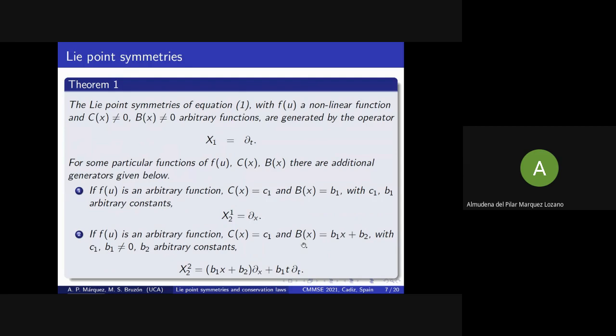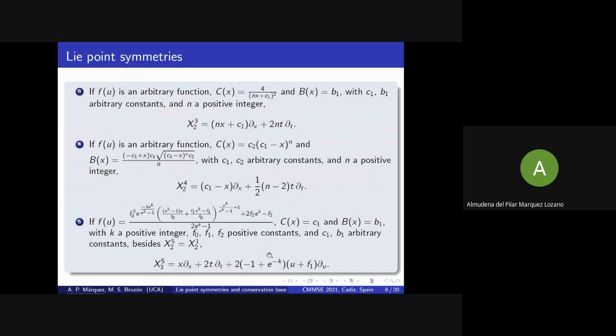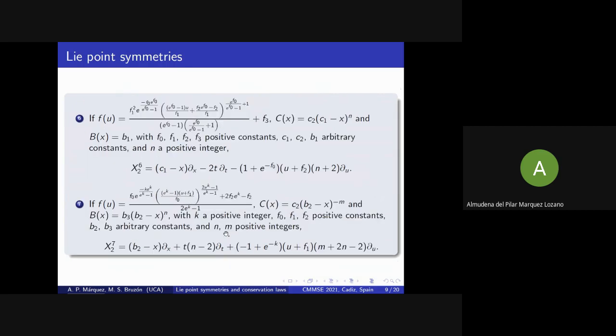Here we suppose b a linear function, and we have another additional infinitesimal generator, in the same way with different expressions of F, c, and b. So we get 7 symmetries for different cases of this PDE.